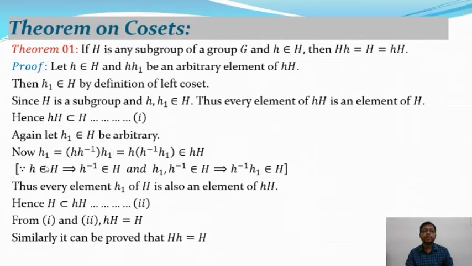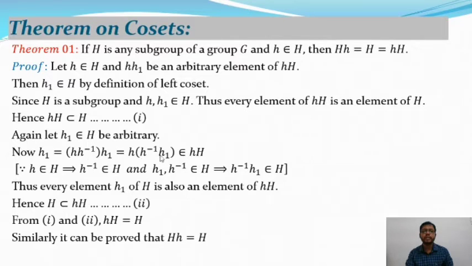So now h1 can be written as h into h inverse into h1. You know that h into h inverse is the identity, so the identity element into h1 is equal to h1. So h1 can be written as h into h inverse into h1. Now applying the associative property, since capital H is a subgroup, H satisfies the associative property as well.